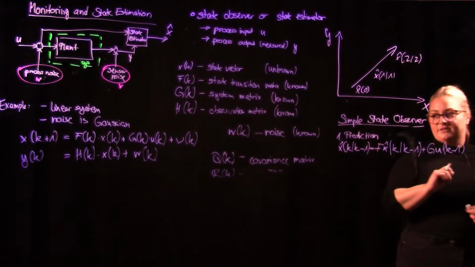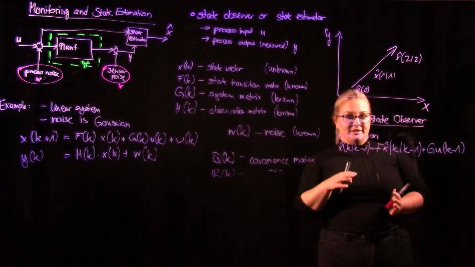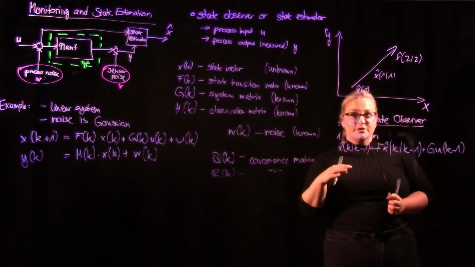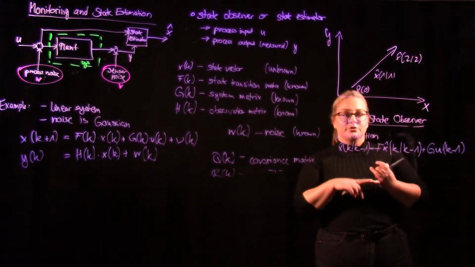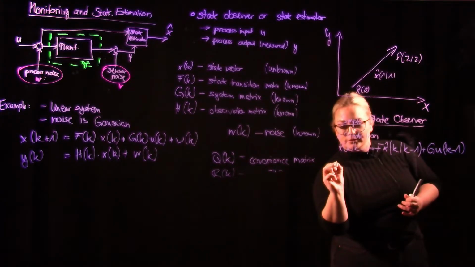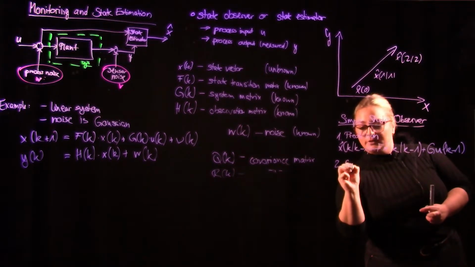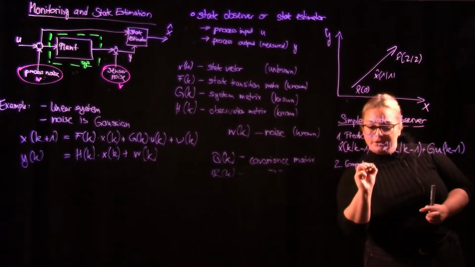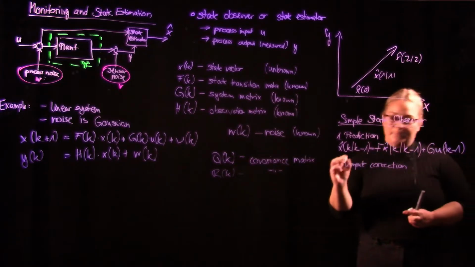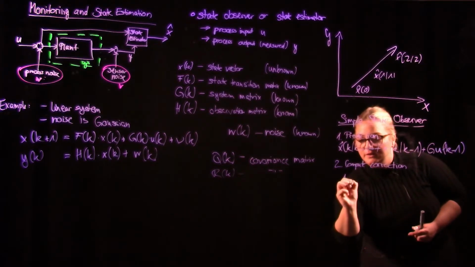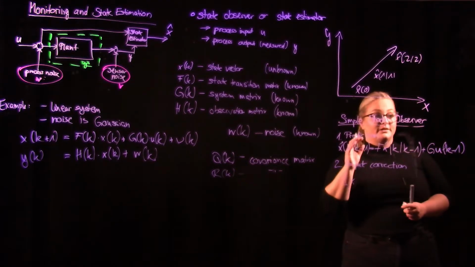After we've done our prediction, we want to calculate a correction that we can use to adjust our state in regards to process noise and sensor noise. So the second step is to compute the correction, which is the difference between the actual state and the estimated state.